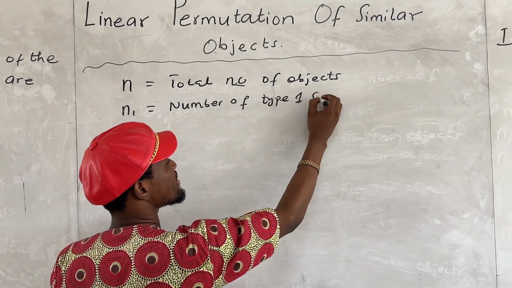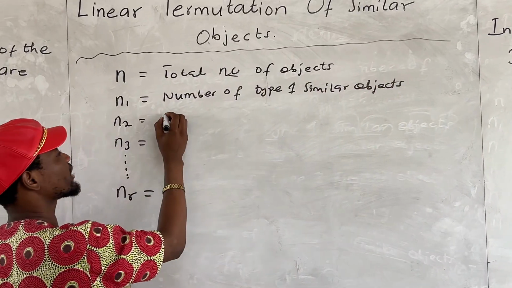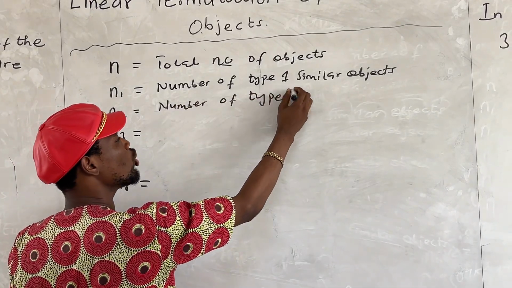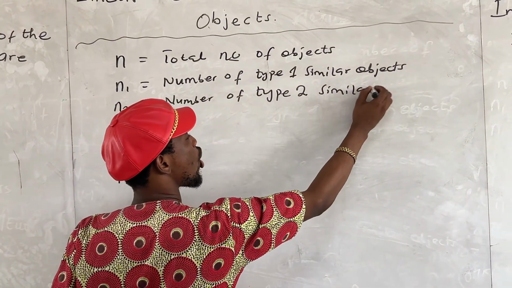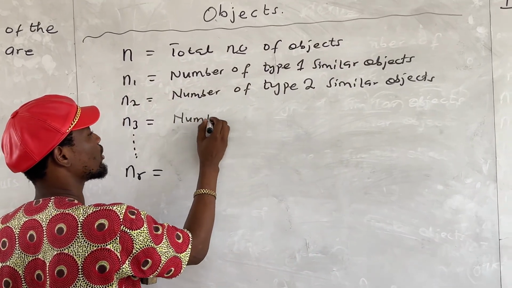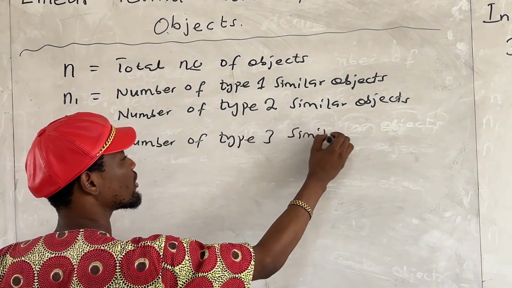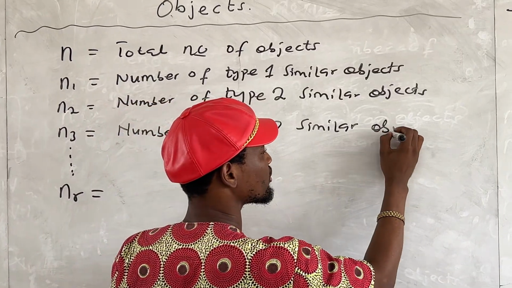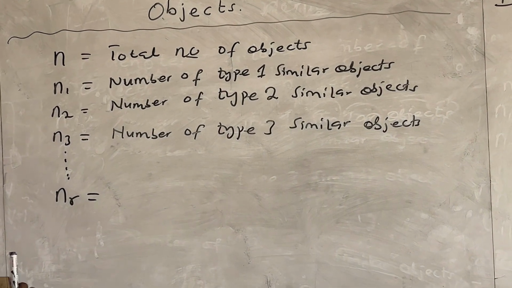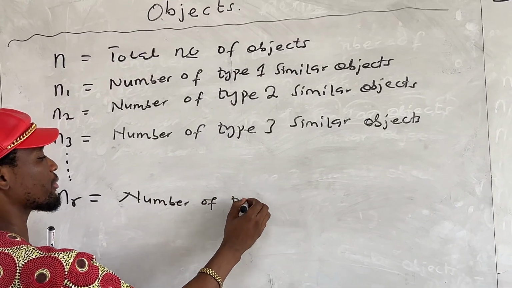of type 1 similar objects, and n2 is the number of type 2 similar objects, and in the same vein we have the number of type 3 similar objects, then up to the number of type r.